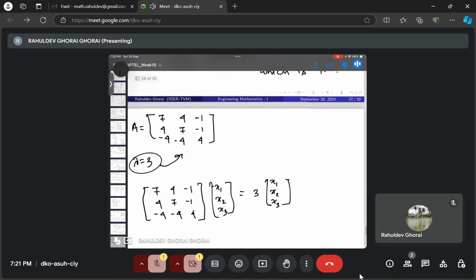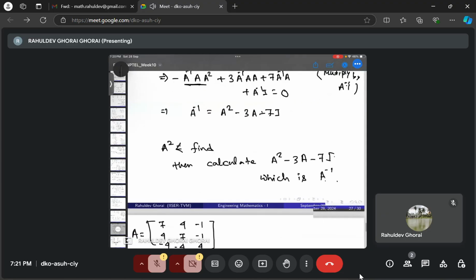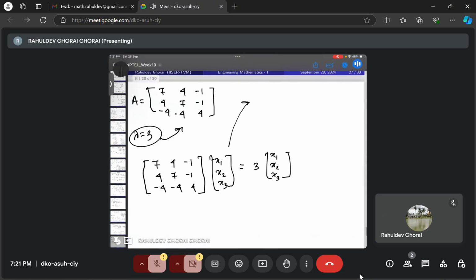From here, what you can write is 7x1 plus 4x2 plus x3 is equal to 3x1, and taking 3x1 to the left, this will be 4x1 plus 4x2 minus x3 is equal to 0.